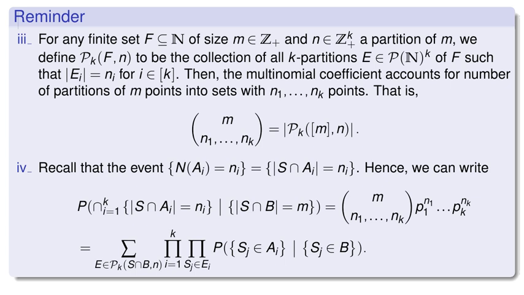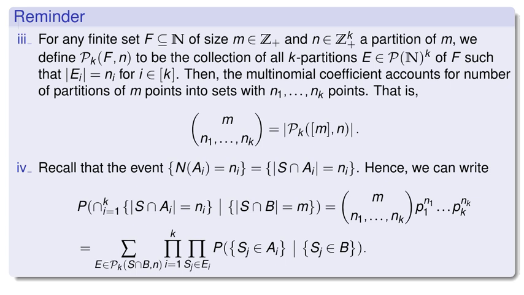Then the multinomial coefficient m choose n_1 and so on till n_k actually counts the number of ways to partition m distinct items, points, into k distinct groups with sizes n_1 and so on till n_k. That is, m choose n_1 and so on till n_k equals the cardinality of script P sub k of the set of integers from 1 to m with partition sizes n.